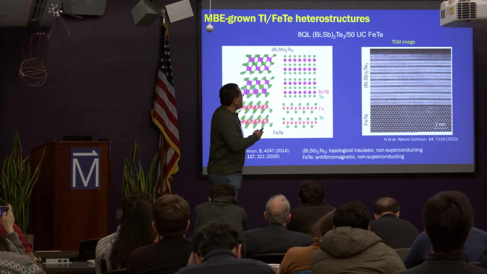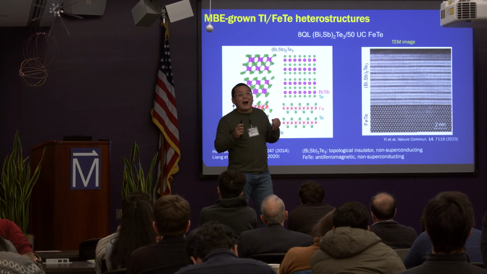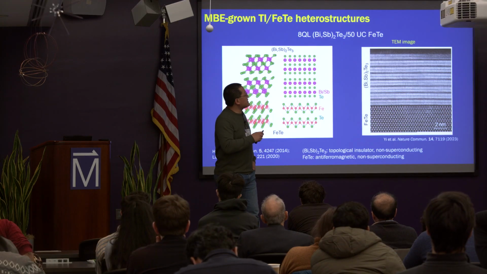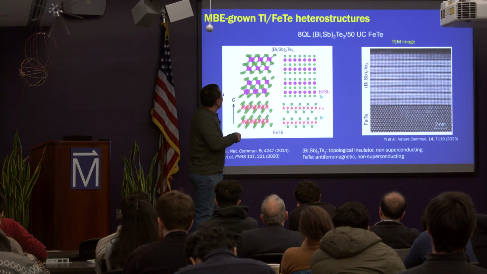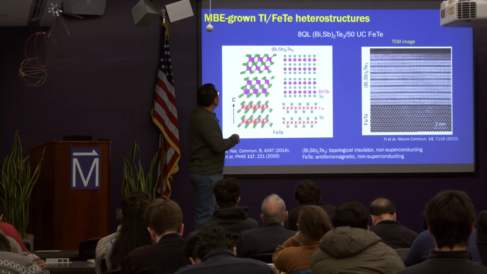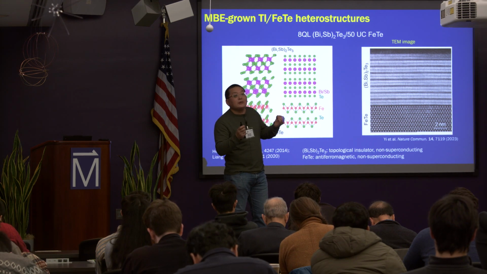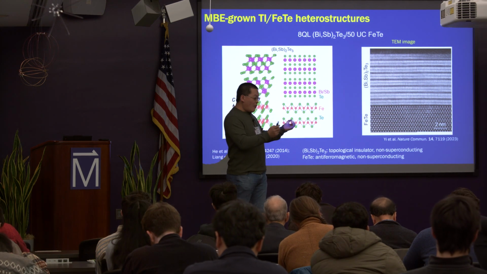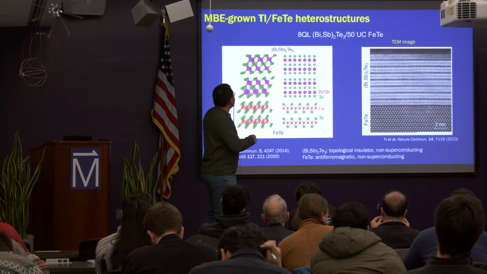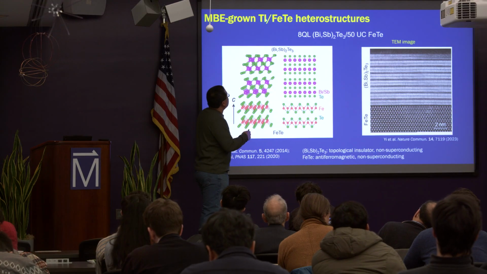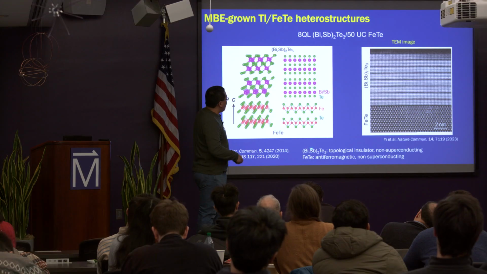So we need a quantum anomalous Hall and superconductor layer with robust superconductivity. This is what we did over the past 3 or 4 years. Here, we really want the quantum anomalous Hall insulator to become one component of the superconductor, because then the superconductivity will always survive. The system we grow is a topological insulator, bismuth antimony telluride, and iron telluride heterostructure.